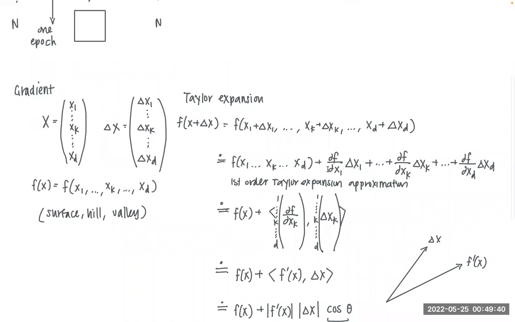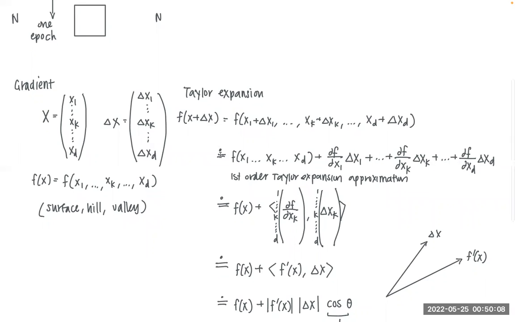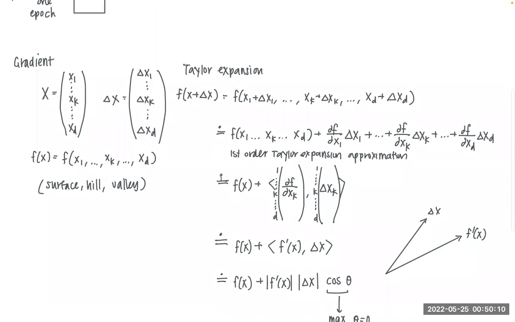And then according to the first order Taylor expansion, we compute the derivative of f with respect to x1, evaluated at the current x, times delta x1, plus partial f over partial xk, evaluated at the current x, times delta xk, and so on. Now, in vector notation, I put the dot here, meaning that this is an approximation. But for the rest, we shouldn't put the dot here. The rest will be just an equal sign.